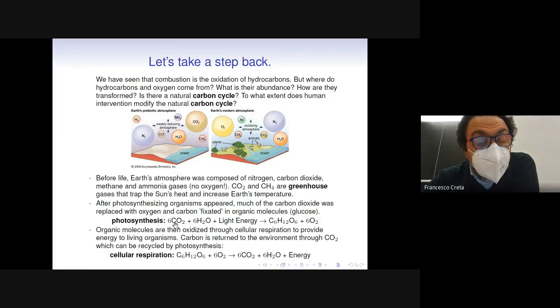And they're fixing essentially this carbon atom into wood, into the material, okay, that constitutes the plants. And the bonus extra is that we get oxygen in exchange. So that's why now you have a lot of oxygen in the atmosphere, okay?